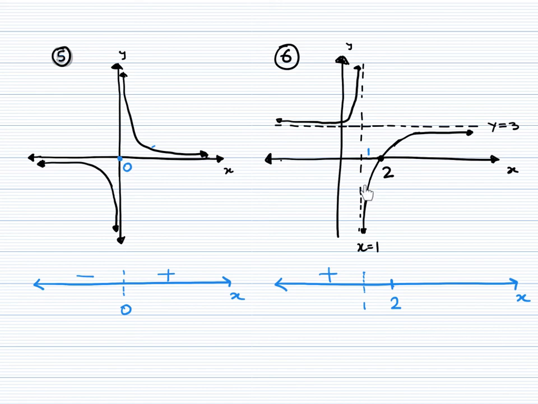Between 1 and 2, it looks like, and actually is, below the x-axis, so that's going to be negative. And then after 2, what's happening? After 2, it is above the x-axis, and so therefore it's going to be positive.